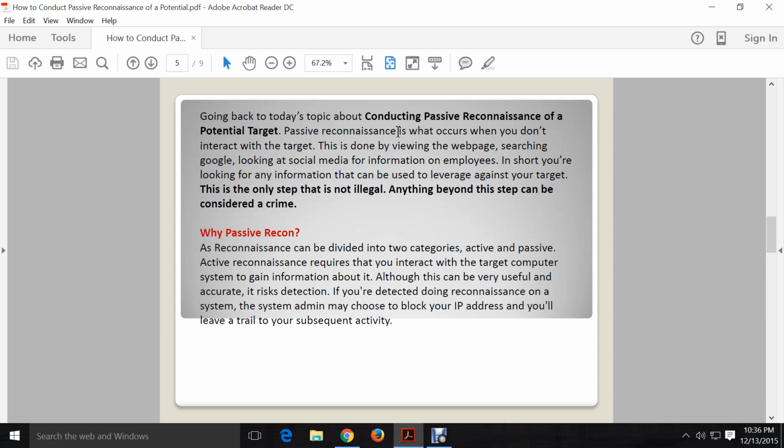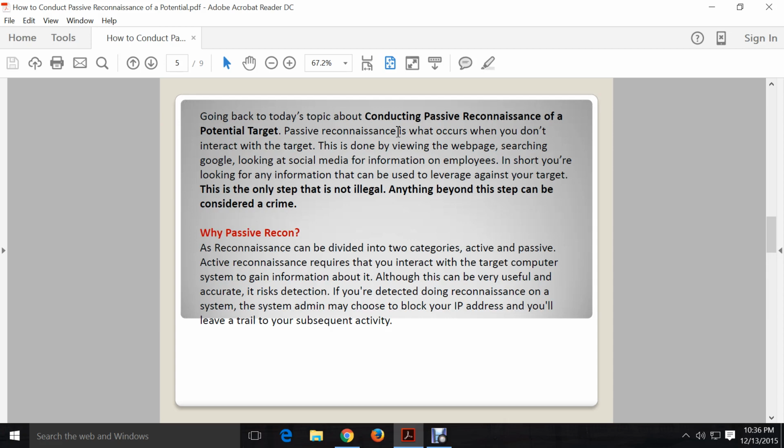This is the only step that is not illegal. You can do it freely. You can gather information on any system you want to, but anything beyond that is considered a crime. This is what we learned in the class. Before doing any lab, we were reminded not to cross our boundaries.